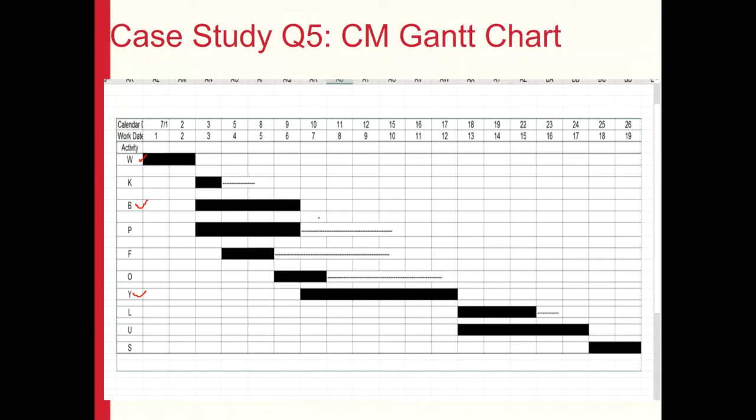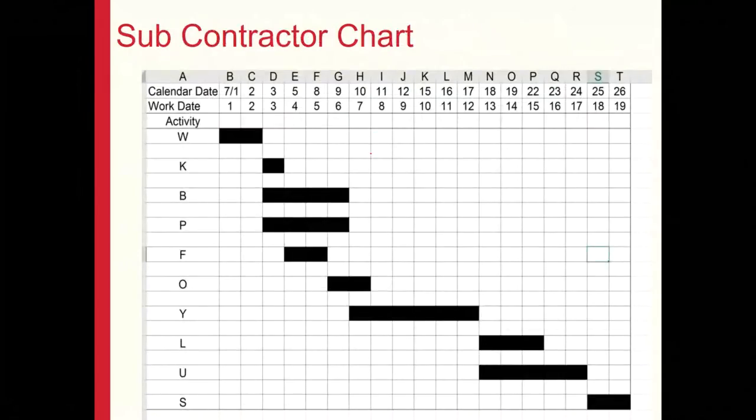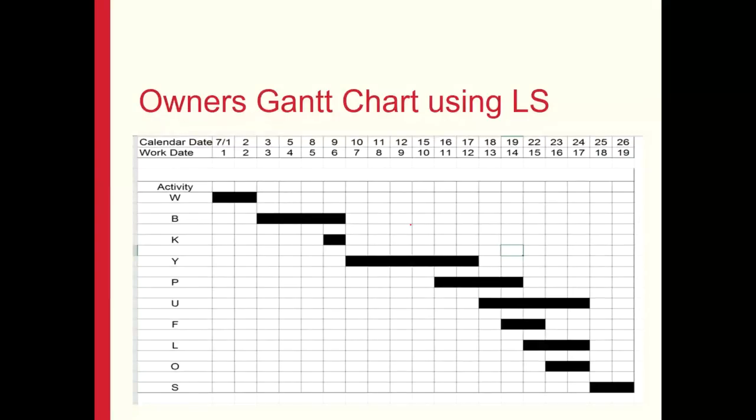Now it was highlighted that we do not need to share this float information with our subcontractors. That may make them perhaps a bit lazy. So when exchanging information with the subcontractors, we may just remove the float information, which is good for the site manager or construction manager to know. For the subcontractor, all they are told is the time they have to be on the site and when they need to leave the site for the subsequent contractors.